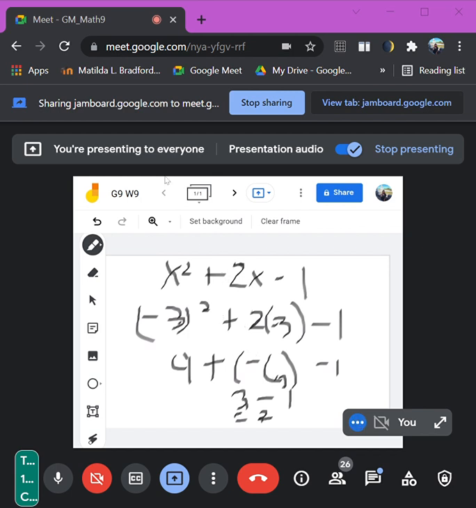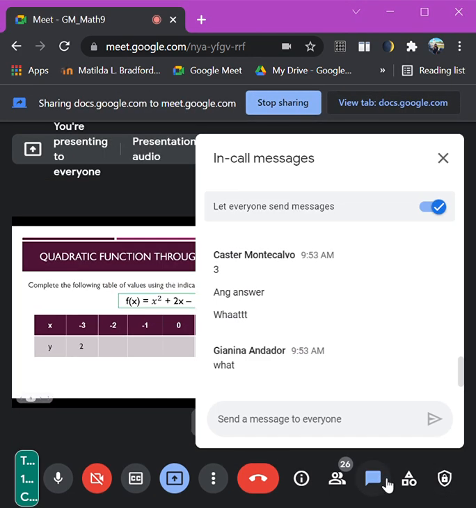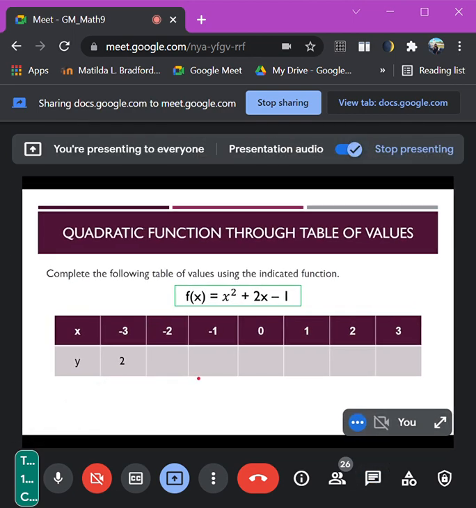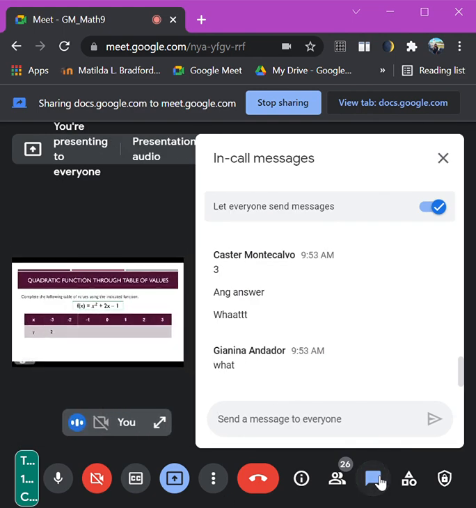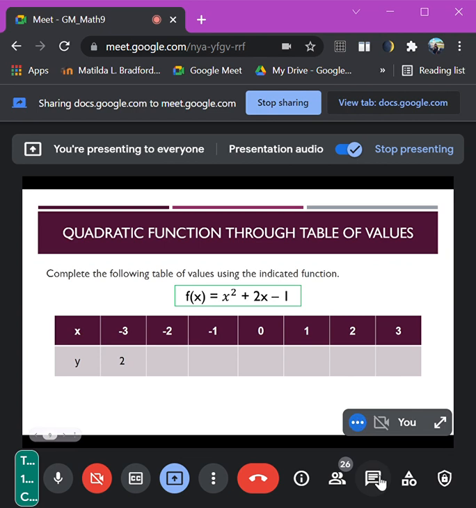Okay. So, what if we substitute negative 2 for x here? Negative 2 squared, that is 4, plus 2 times negative 2, that is negative 4, minus 1. What is the result? You can cancel to see the answer. You should master integers already, because you are in grade 9.